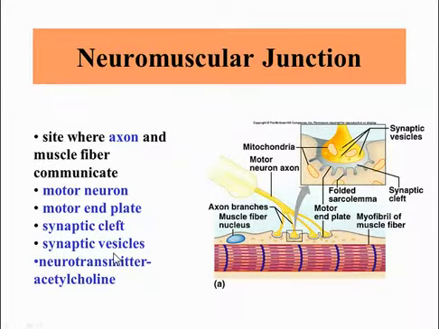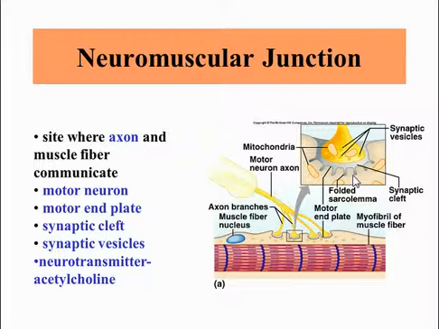Now the main neurotransmitter for muscle contraction is called acetylcholine. Because it's going to contract the muscle, we call it excitatory. When you get excited, things are going to happen.